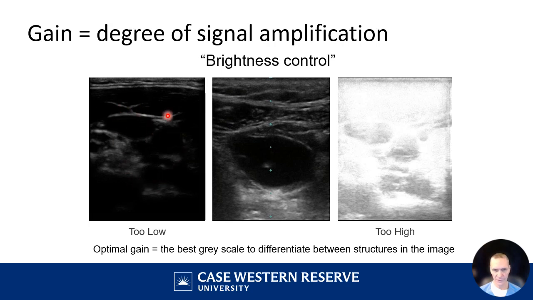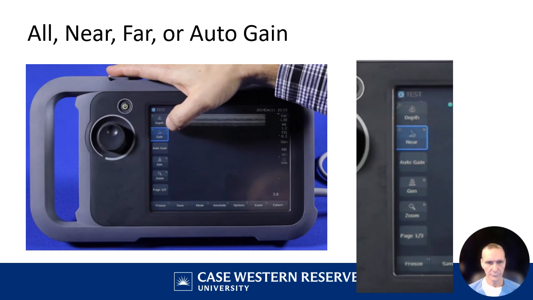You don't see much, so you want to amplify the signal here. This looks about right. And here, this is way too bright. So what I would do here is reduce the gain, turn it to the left, or slide the lever down.